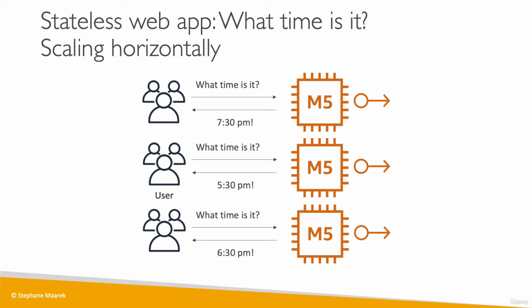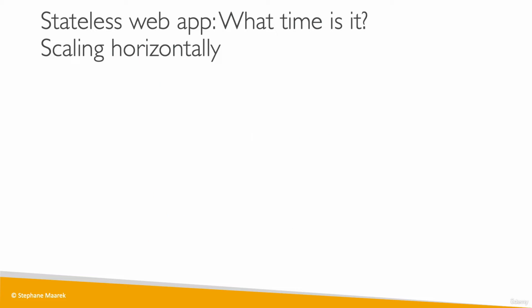So now, on top of having 3 EC2 instances, we have 3 Elastic IPs, and our users need to be aware of the exact values of these 3 Elastic IPs to talk to our instances. And so that's horizontal scaling. We're doing not bad, but we're starting to reach some limits. Now the users need to be aware of more and more IPs, and we have to manage more infrastructure, and it's pretty tricky, right?